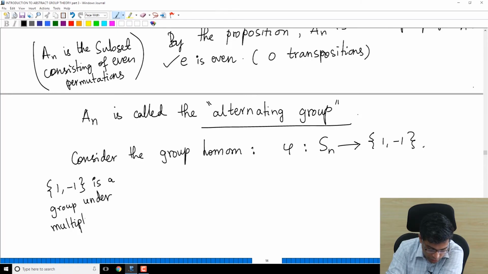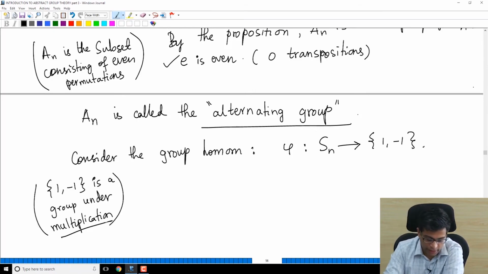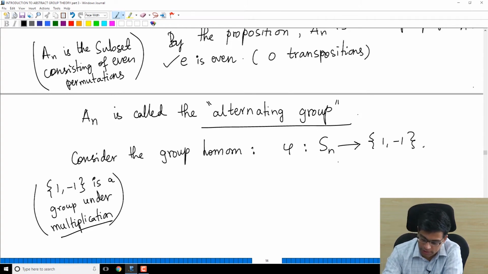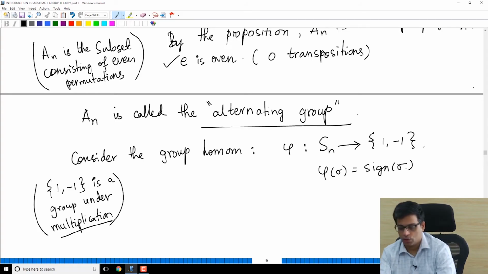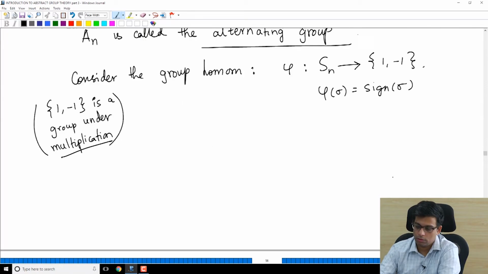If you wish, this is a subgroup of the non-zero rational numbers under multiplication, but abstractly it is a cyclic group of order 2. Okay, so what is the group homomorphism phi? I will define phi of sigma to be the sign of sigma. So if sigma is odd, it goes to minus 1. If sigma is even, it goes to 1.